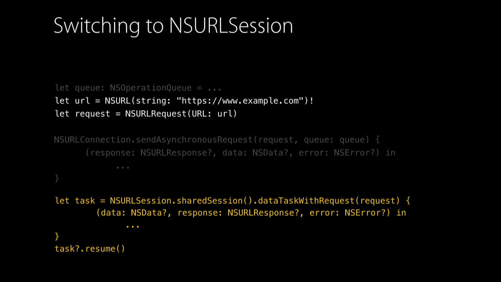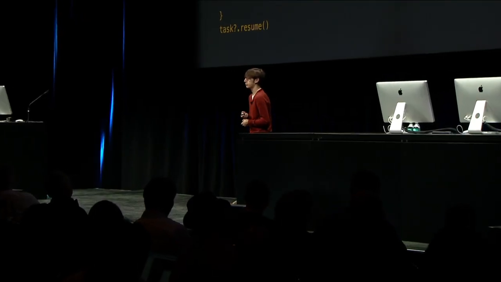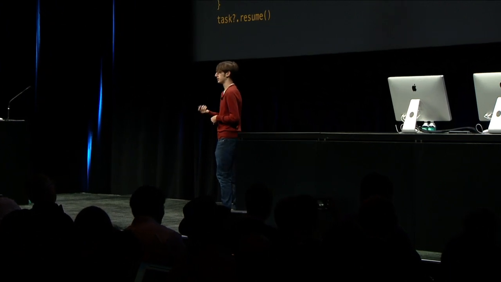The main difference here is that instead of using NSURLConnection's sendAsynchronousRequest method, we are using the dataTaskWithRequest method on the NSURLSession shared session. Then once we resume the task, we would again receive the results of that transaction asynchronously in the form of the response data, the response headers, and an error if a transmission error occurred. So that's how easy it is to switch from NSURLConnection to NSURLSession in your apps.